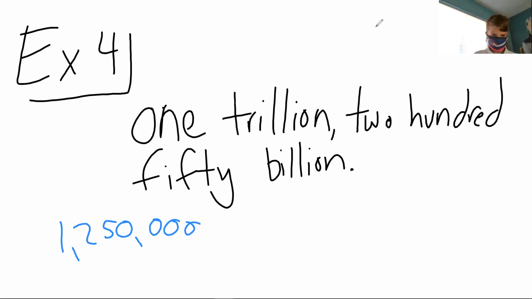Now you're adding all the zeros. Good. Perfect. So the 1 is in our trillionth place. So 1, that's where my trillionth place is. Right here, the 250, that's in my billions place. Wait a second.